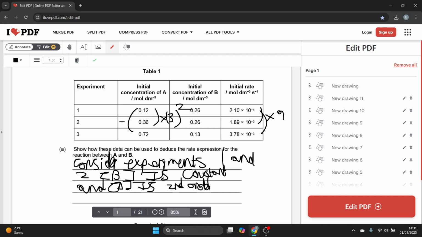Then I also want to consider reactions 2 and 3. So I consider experiments 2 and 3. What can I see? Well, that doubles. That halves, 0.13 divided by 0.26 is a half. And this, 3.78 times 10 to the power minus 3 divided by 1.89 times 10 to the power minus 3, doubles.